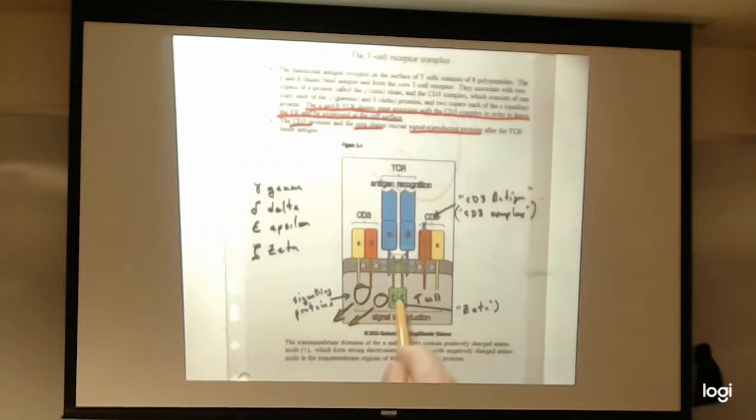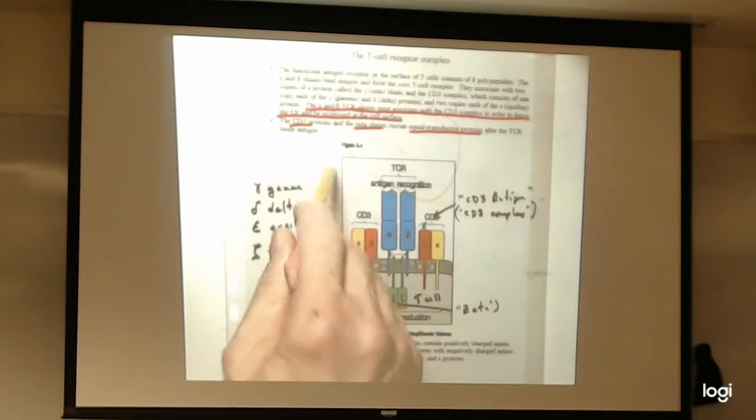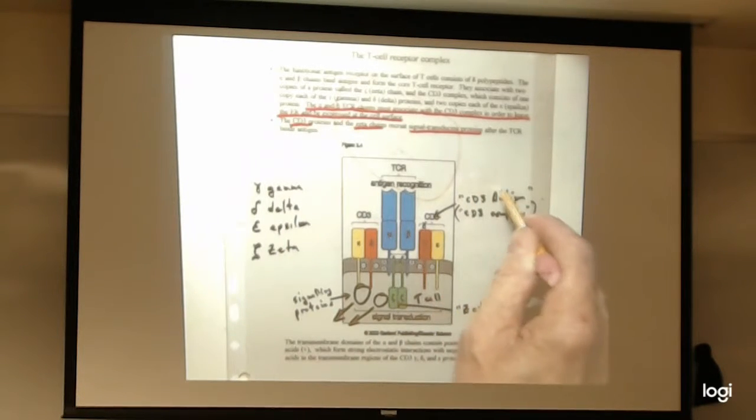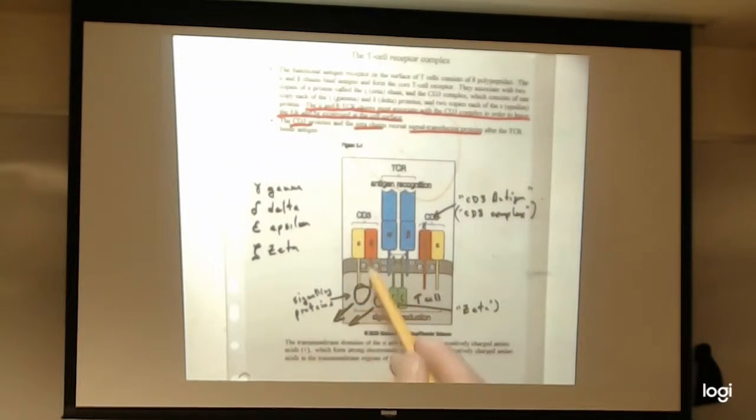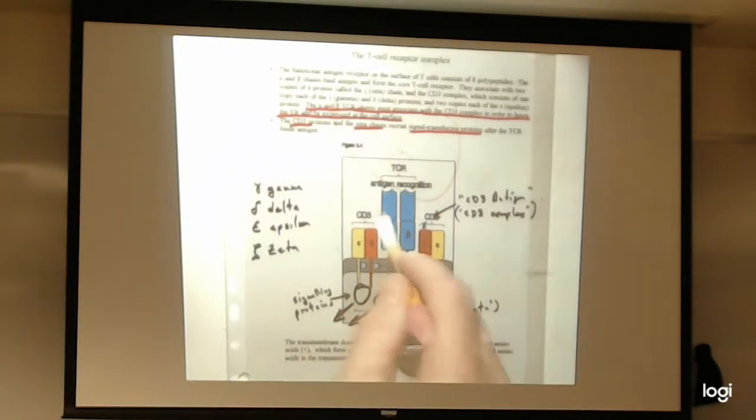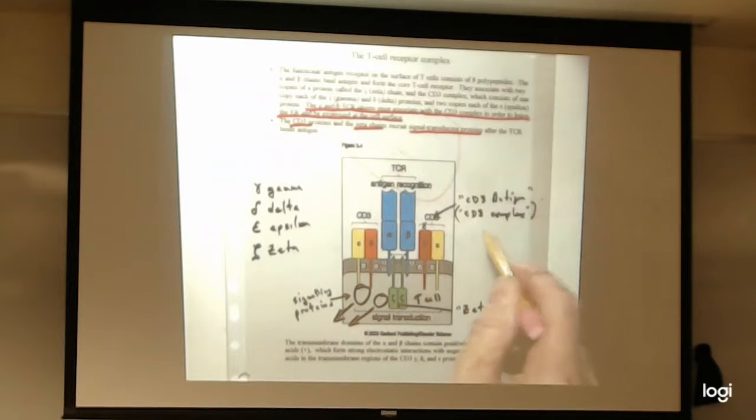Now, the zeta chain was not detected in the methods that we used to detect the delta and epsilon molecules here. But I think I'm correct in saying that the red, yellow, and green guys are basically the CD3 complex.